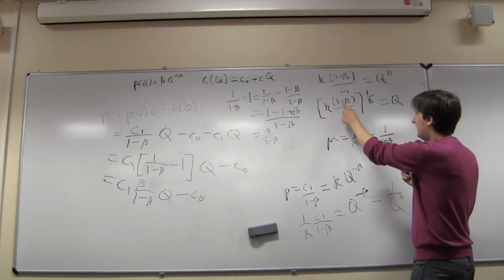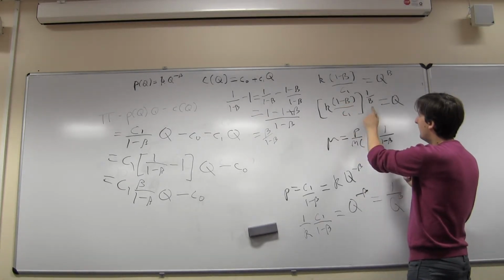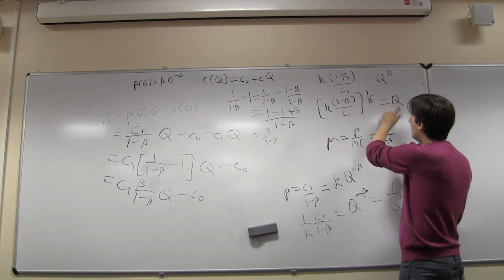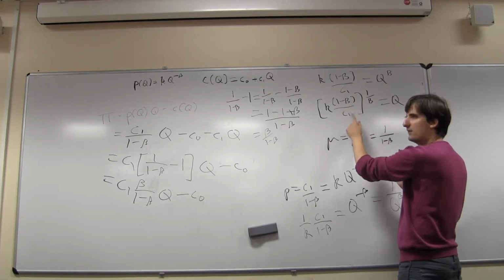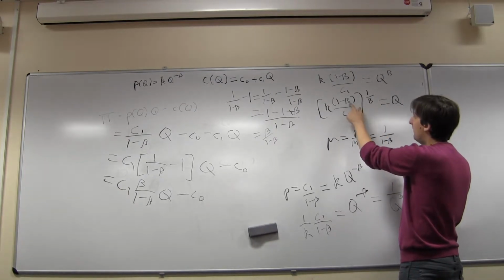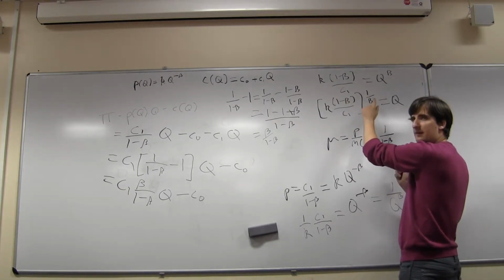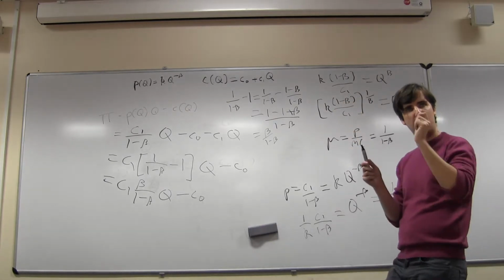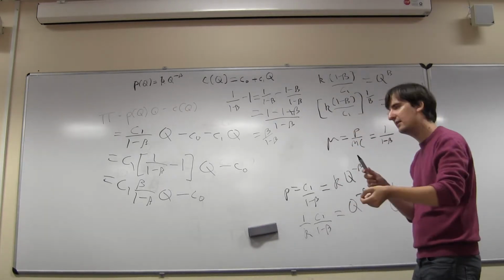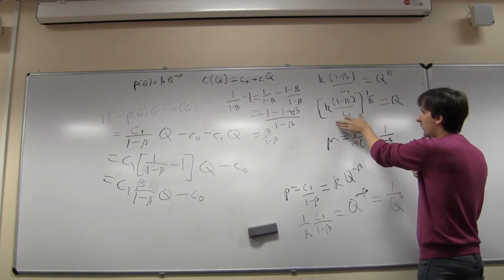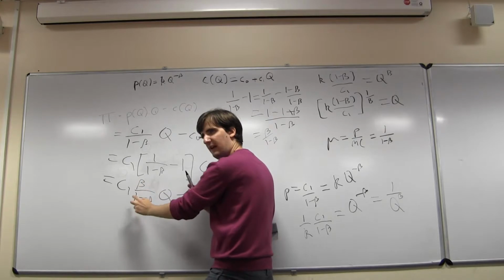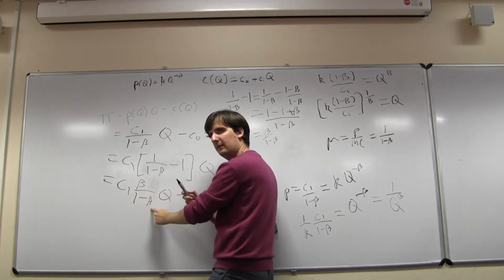Now what happens as beta changes? Remember, as beta increased here, q was going towards 0. Beta gets bigger, this gets smaller, all of this gets smaller. So as demand gets more inelastic, quantity is going towards 0. But then we've got this expression here, which is beta over 1 minus beta.